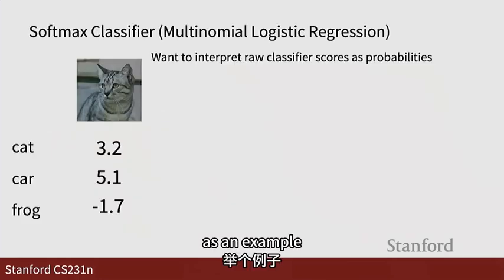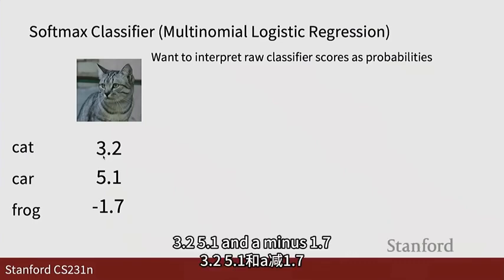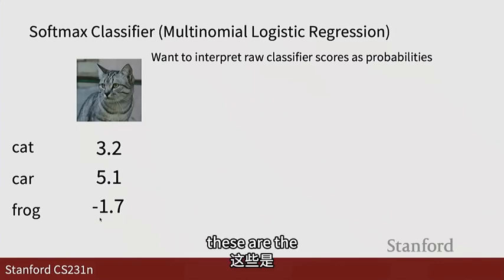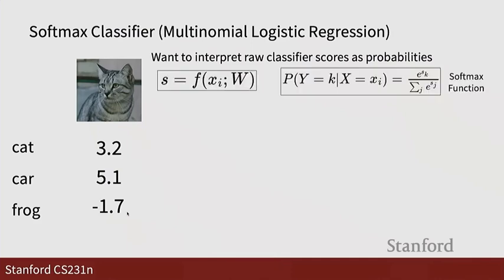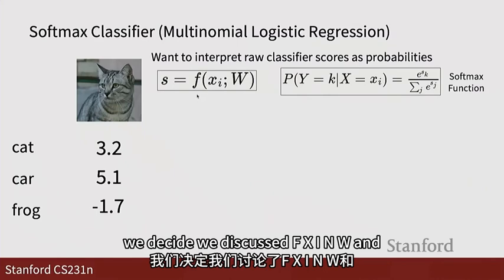As an example, for that cat, if you remember, the scores that were given were 3.2, 5.1, and a minus 1.7. These are the scores that are the output of the function we discussed, f, xi, and w.